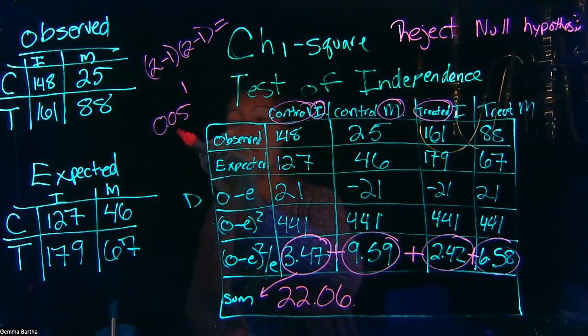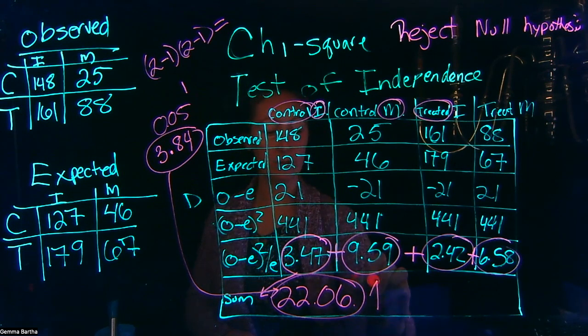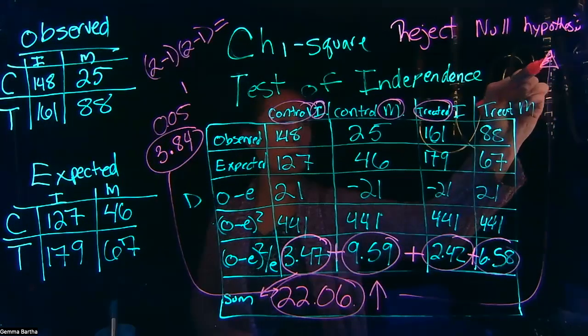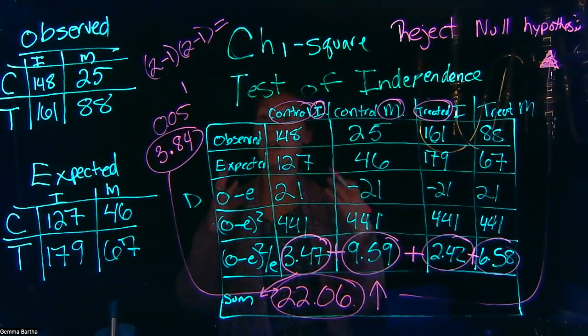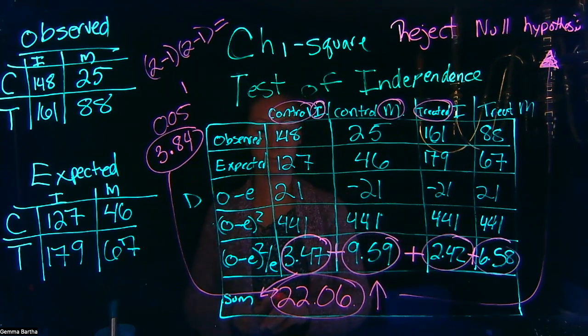And so we are looking at a number of 3.84. So you're going to compare 3.84 to 22.06. If this number is bigger, you can reject your null hypothesis and say that there is a statistical difference between the two.